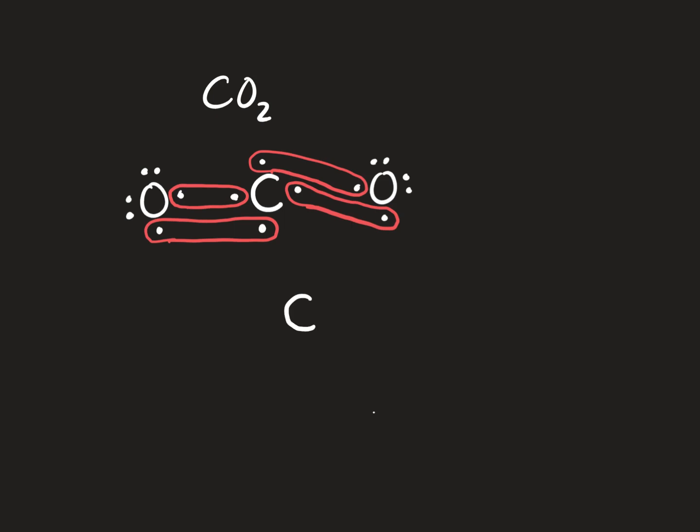I'm going to draw this in dots, okay? That's oxygen and oxygen. These are the lone pair electrons around oxygen, okay? What I've just drawn here are double bonds, okay? Each side of this carbon has a double bond. This is a double covalent bond.